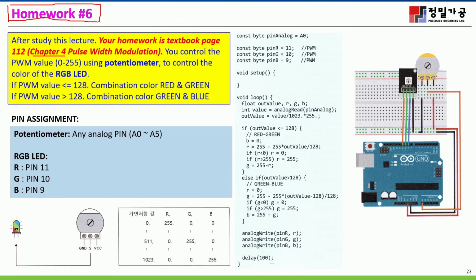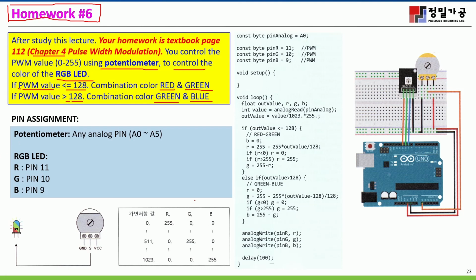Anyway, you have to control the pulse width modulation value using a potentiometer, and control the RGB LED. In this case, if the pulse width modulation value is less than or equal to 128, use the combination color red and green. Okay, and more than 128, the combination color green to blue.